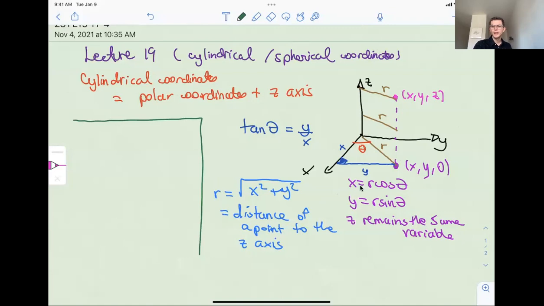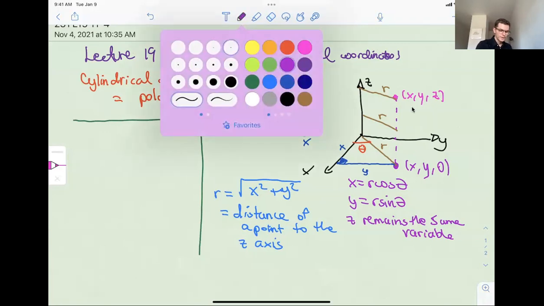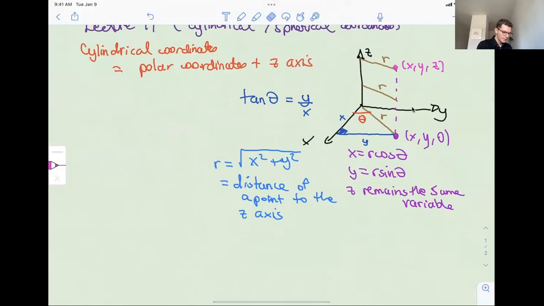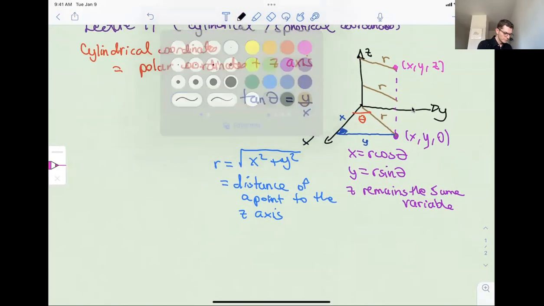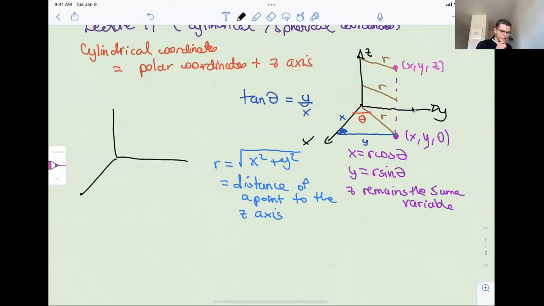In the same way, z is not constant either, because z represents, you could choose points at different heights. Just to give you two concrete examples, if you have a point here, yeah.